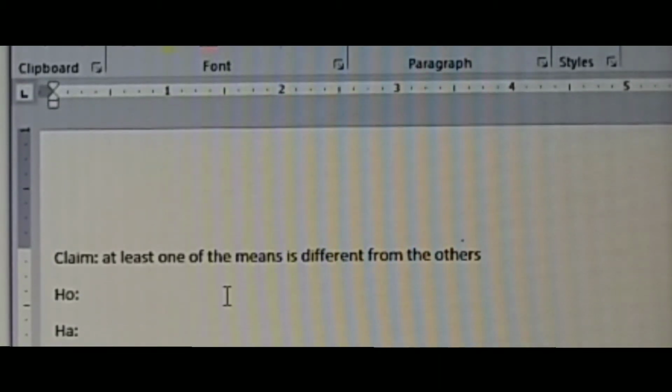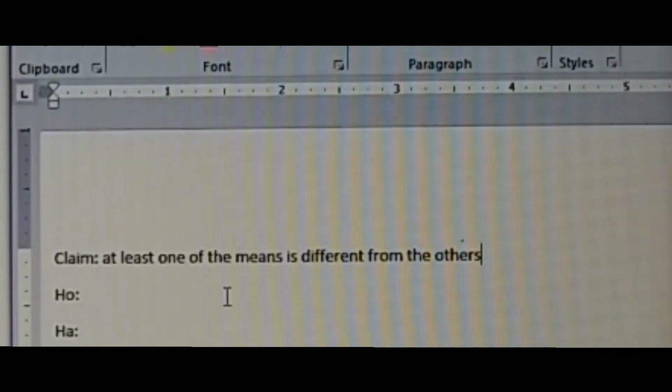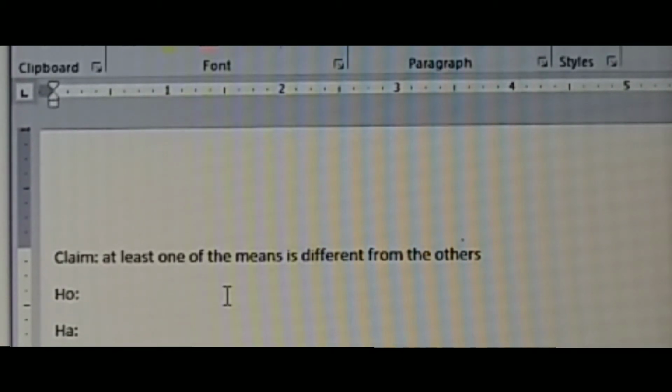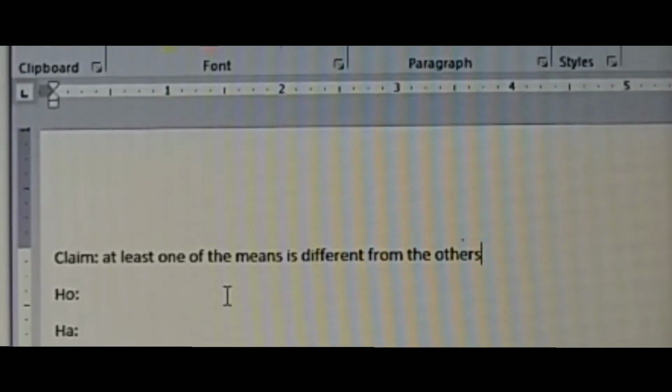In ANOVA, usually our H0 is a statement: there is no difference in the means, or there is no difference among the means. And in HA, usually at least one of the means is different from the others.